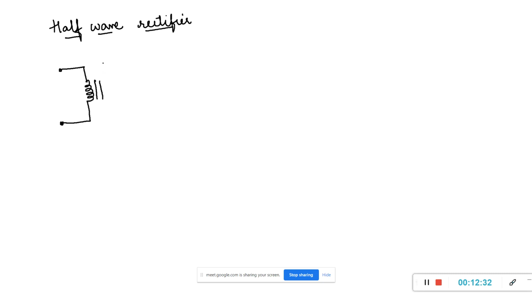Here we have a transformer. Next we have a diode, and next we have a load resistor.